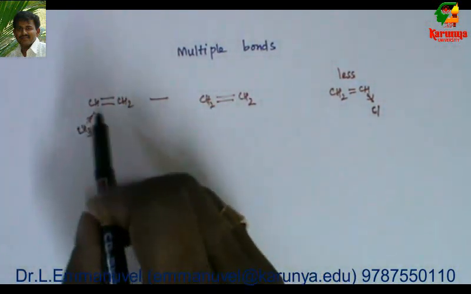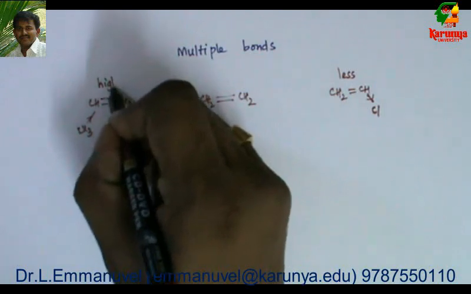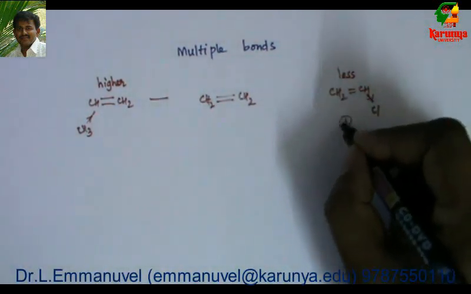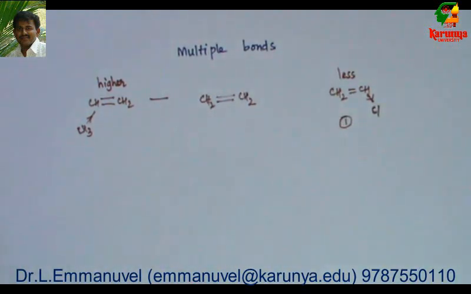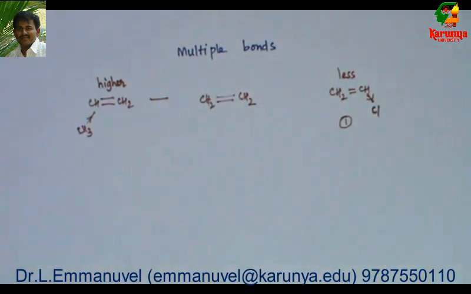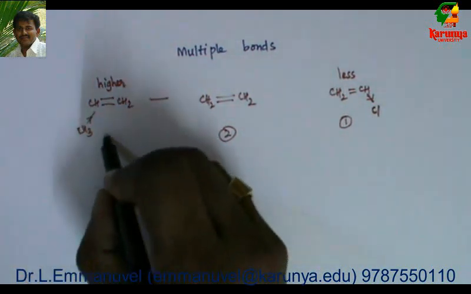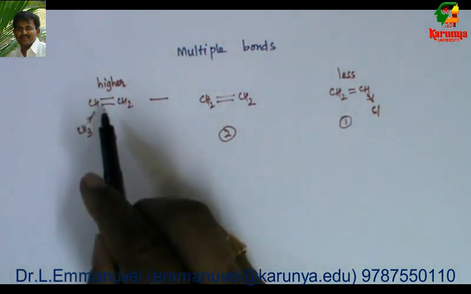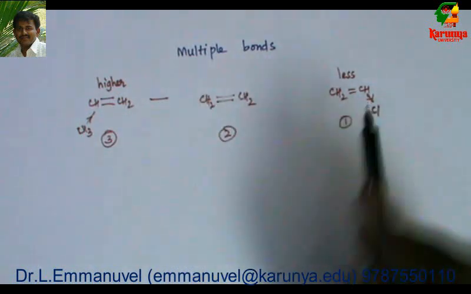So because of that, this has higher electron density than this. So if you go for the increasing order, the first one will be this. It has the lowest electron density because of the higher electronegativity of the halogen atom. Second one will be like this one because there is no group to give or to remove the electron density. Third one is this. So this is highly nucleophilic than this or this one.